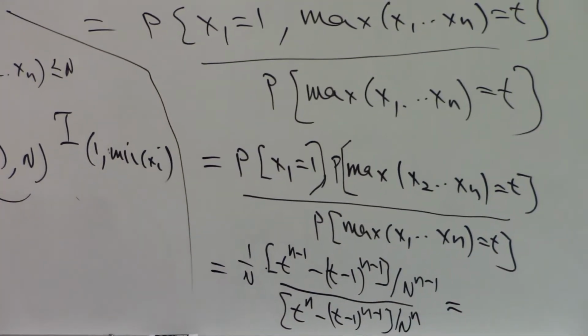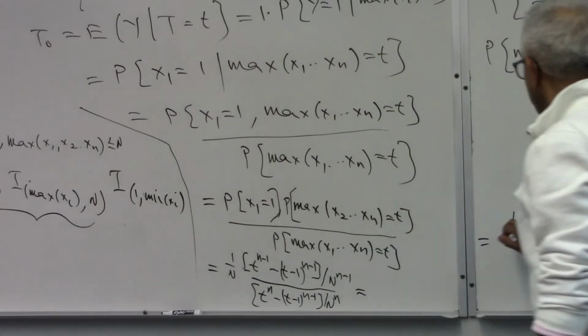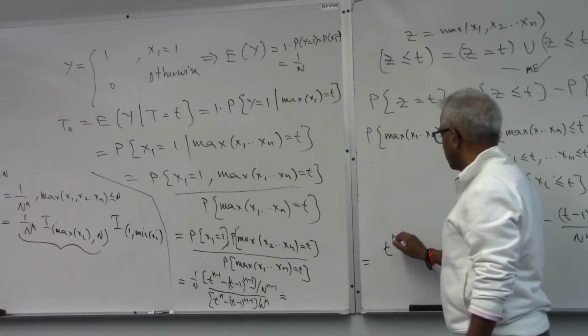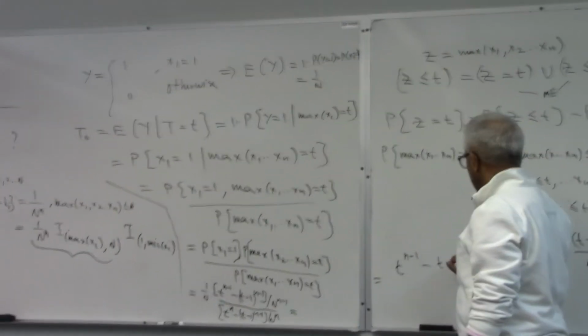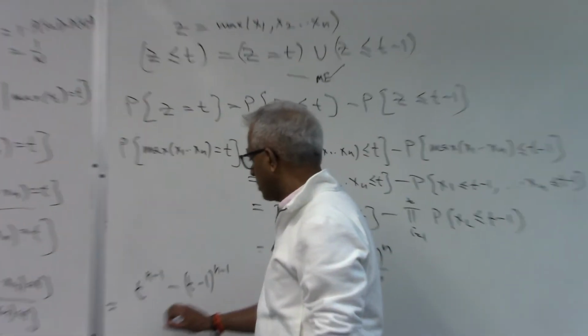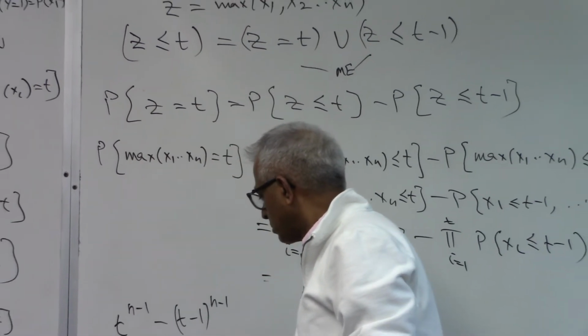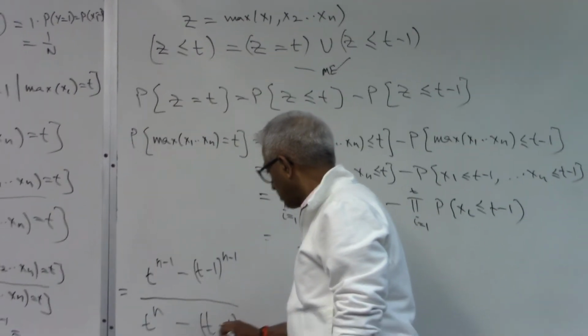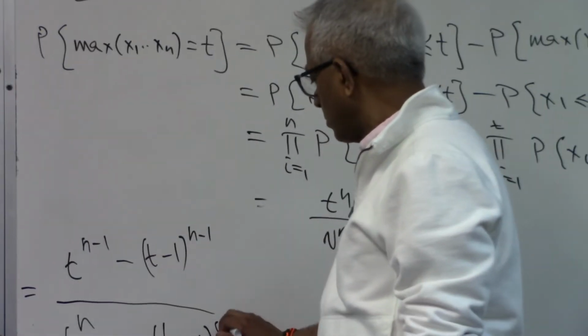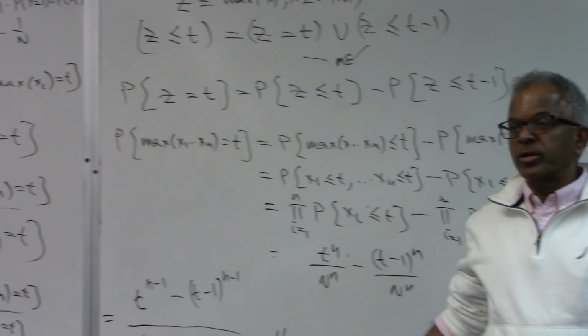Yes. So I'll write it here. So this is t to the power n minus 1, minus t minus 1 to the power n minus 1. I mean, obviously you're not going to guess this.